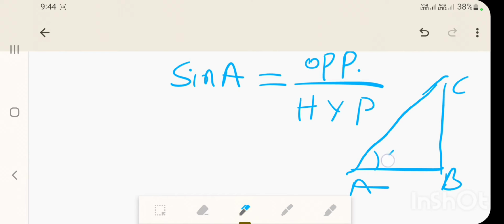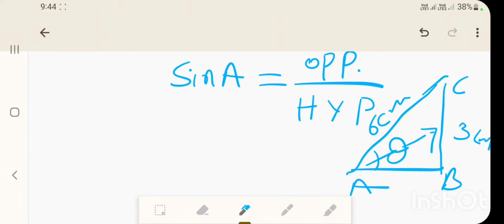Opposite to angle A we have BC, and the hypotenuse here is AC. The length of BC is 3 centimeters, and the length of the hypotenuse is 6 centimeters.